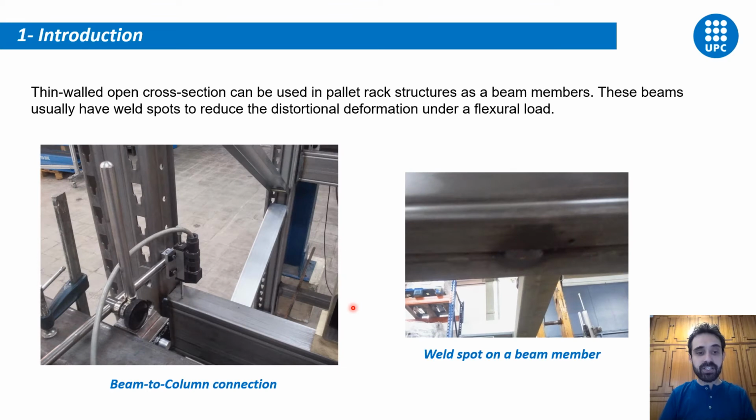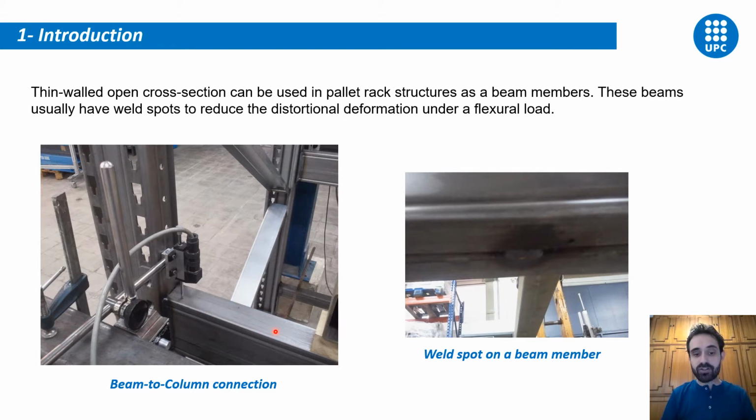In this slide, you can see the two issues that we want to focus on in this work. First of all, here you can see an example of a beam-to-column connection. This is the column of the pallet rack structure with its perforations along its length, which are connected to the beam member through closure buttons.